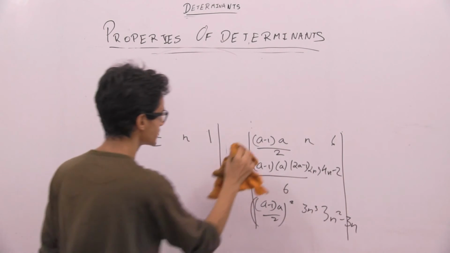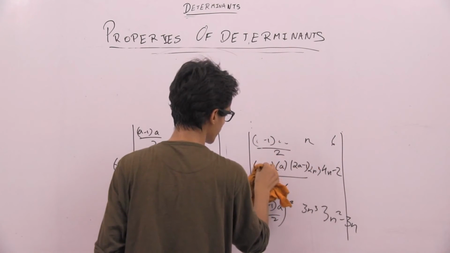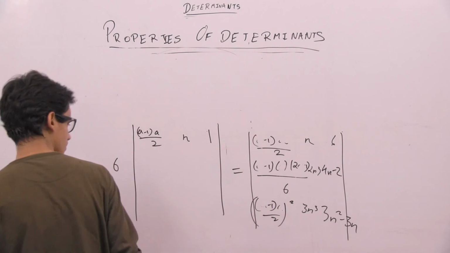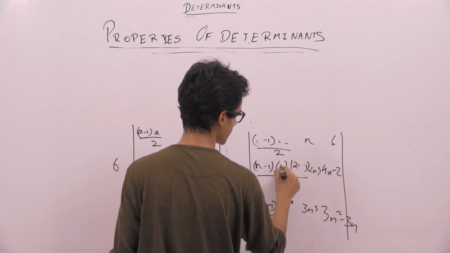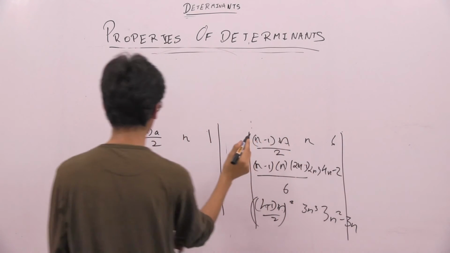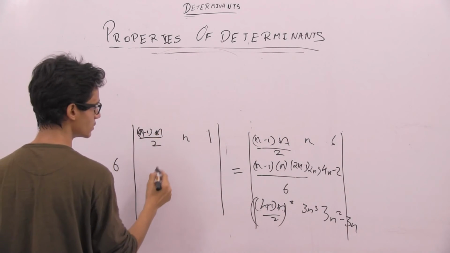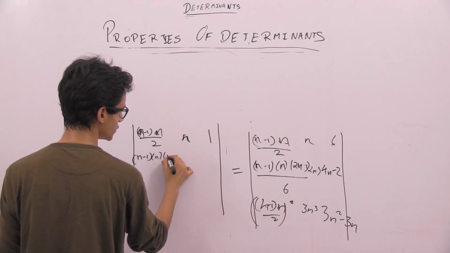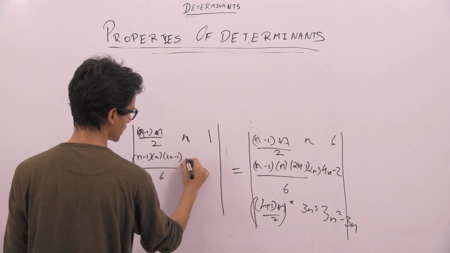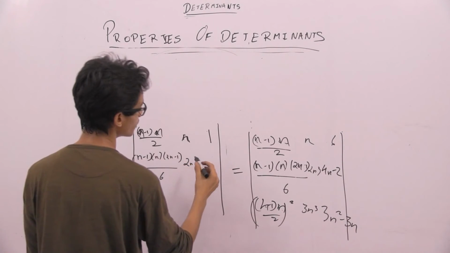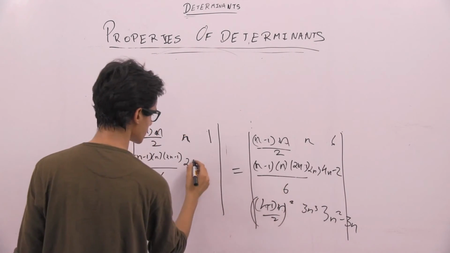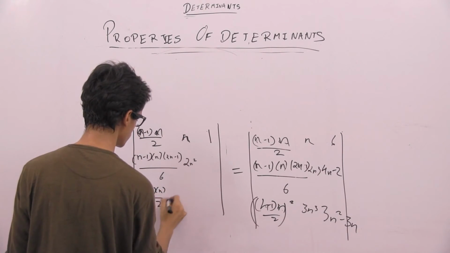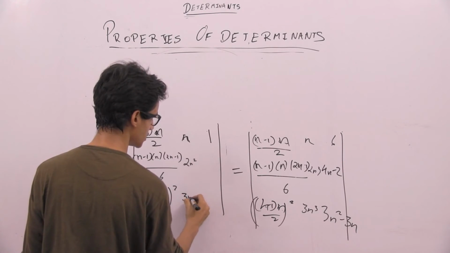So this is actually n, not a over here. So basically it is n minus 1 n by 2, n, and 1, n minus 1 n 2n minus 1, 6, 2n, 2n square, n minus 1 n by 2 whole squared, 3n cube.